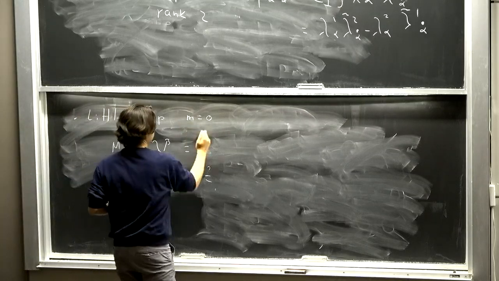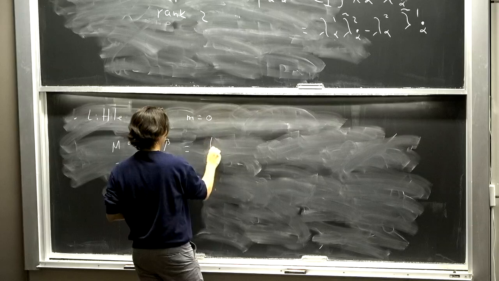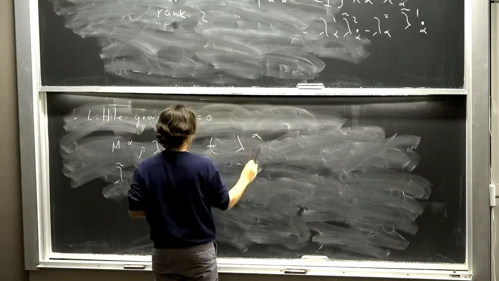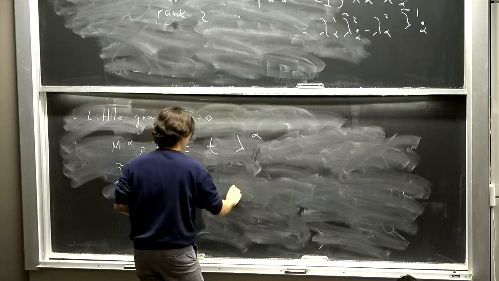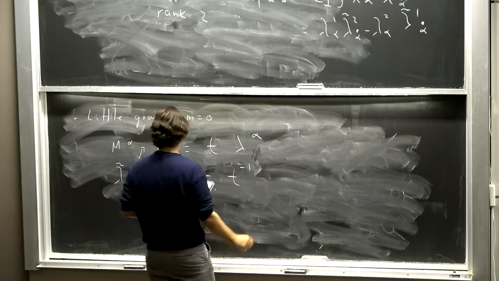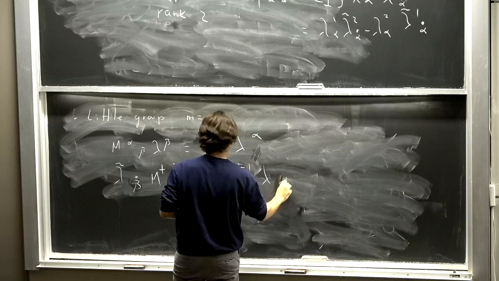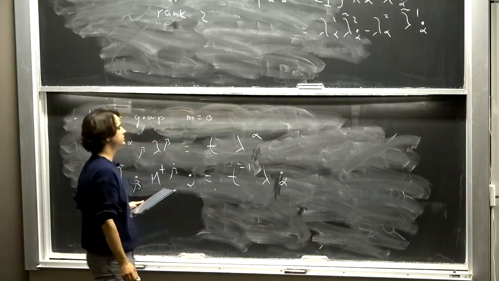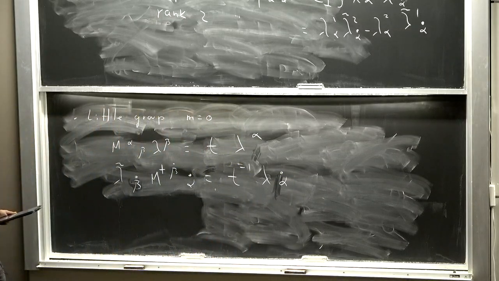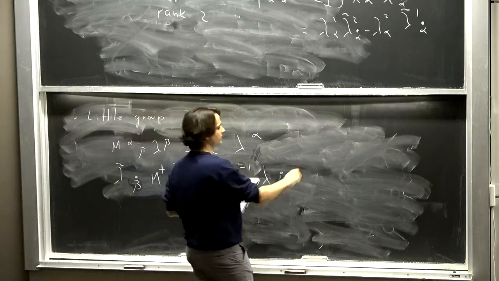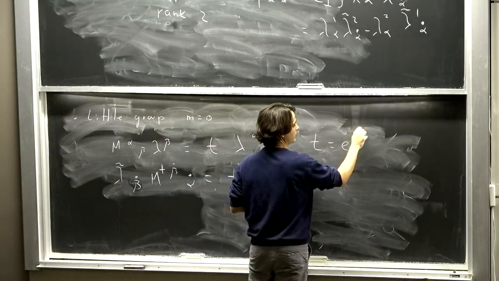So this thing will transform as t times lambda alpha, and this thing will be t to the minus 1 times lambda tilde, and this t is precisely this little group phase that I wrote before.